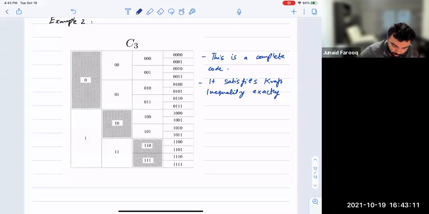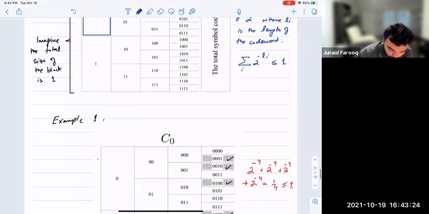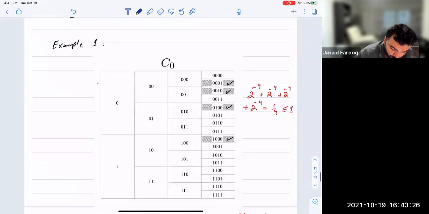So you see, the thing is, we have multiple options when it comes to coding. From this chart, you can pick any code words. You don't have to add up to exactly 1. So for example, the first code word, this one does not add up to 1. It's much less than 1, but still it can be uniquely decodable.